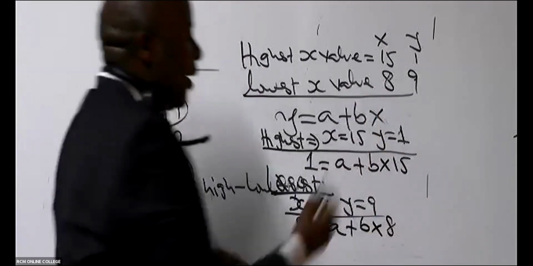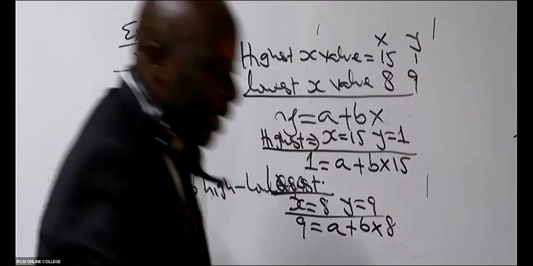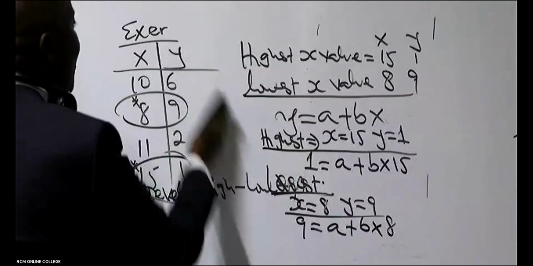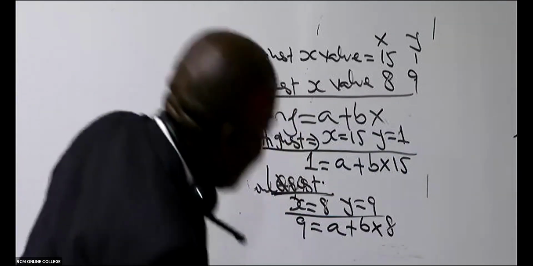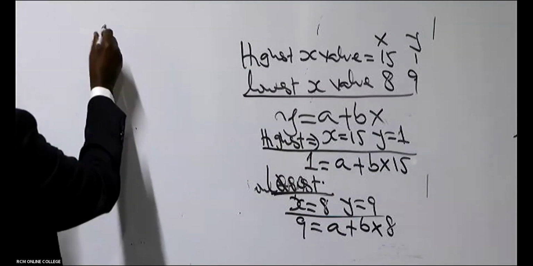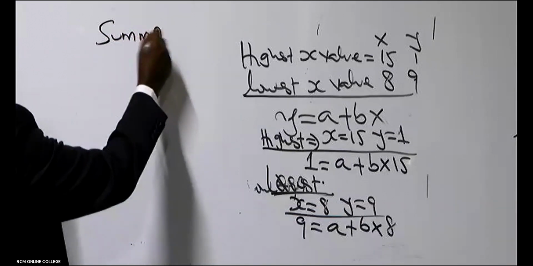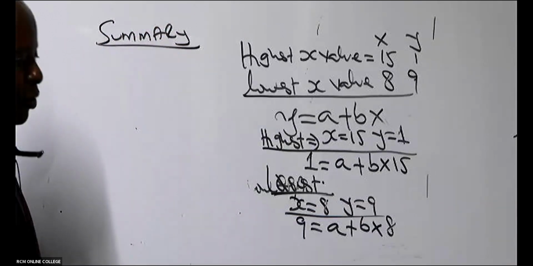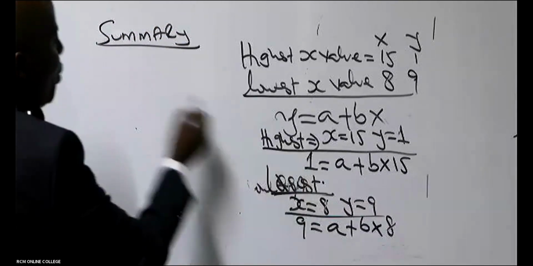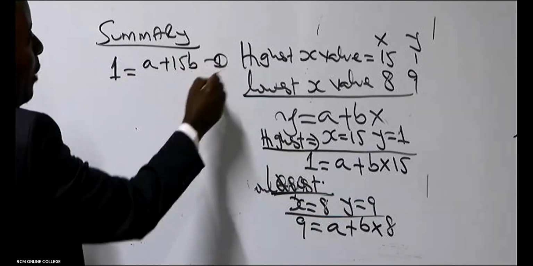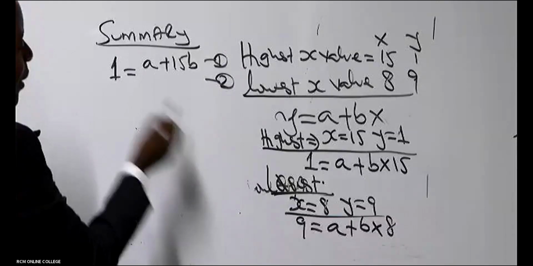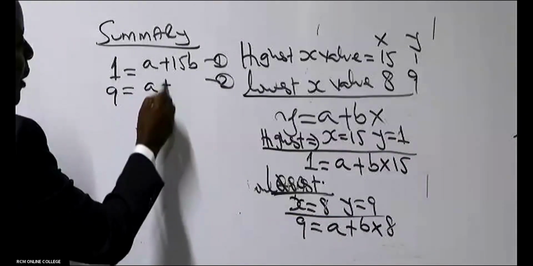Once you write like that, you can do a summary of your equations. There are 2 of them. The first equation is 1 equals a plus 15b. Equation number 2 is 9 equals a plus 8b.